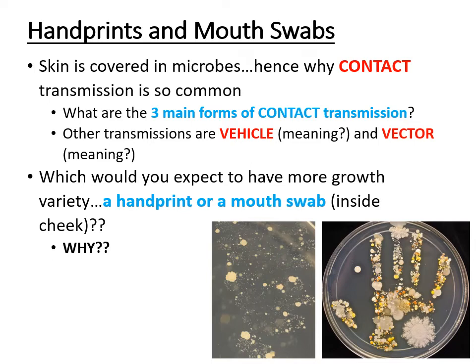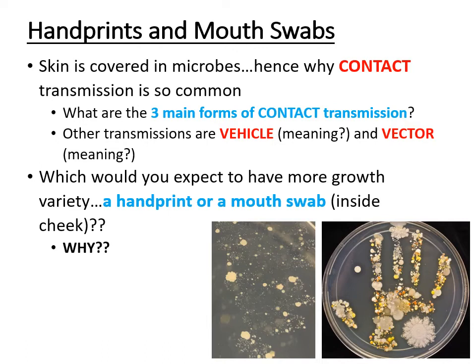Now, when you do these swabs, you are focusing on contact transmission. The idea that your hand or your mouth is coated with all different types of microbes. Now, I want to ask you, if you were going to do this experiment in lab, which do you think would have more growth, a handprint or a mouth swab, and why?